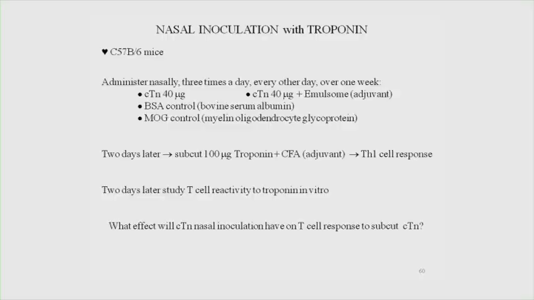2 days later, we're going to inject subcutaneously troponin with an adjuvant. Now we know that's going to initiate a Th1 and Th17 response. What's going to happen if we pre-treat these animals with nasal troponin?